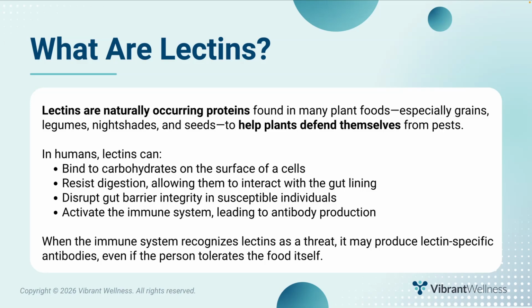When the immune system recognizes lectins as a threat, it may produce lectin-specific antibodies, even if the person tolerates the food itself. The key distinction here is you may not be reacting to the food as a whole, but rather to specific lectin proteins within that food.